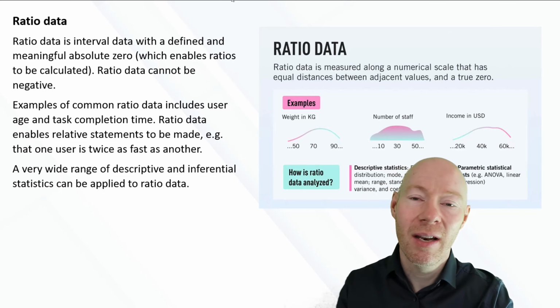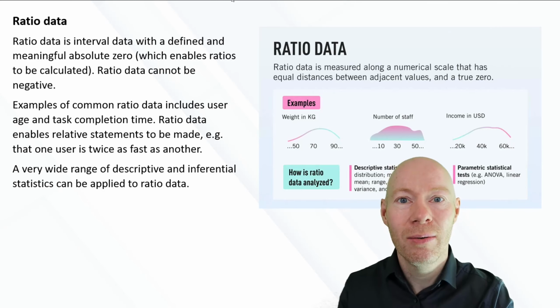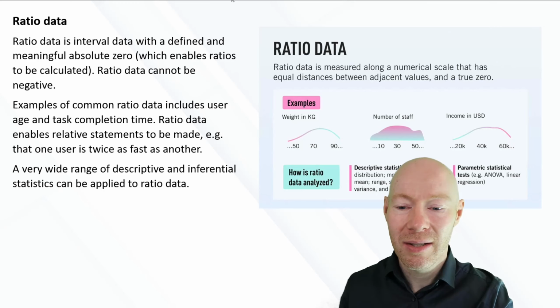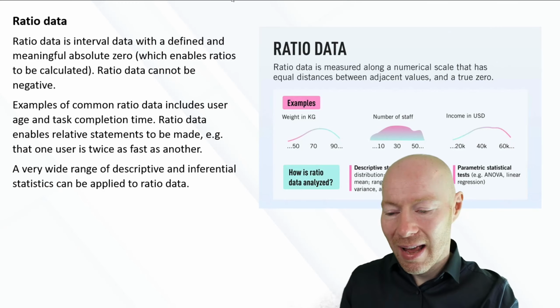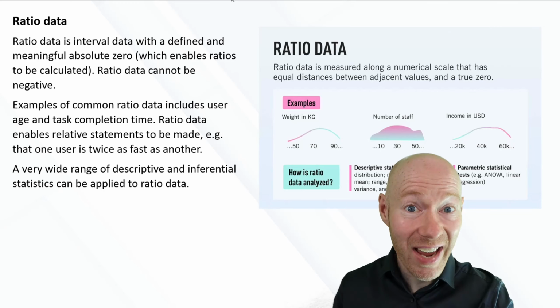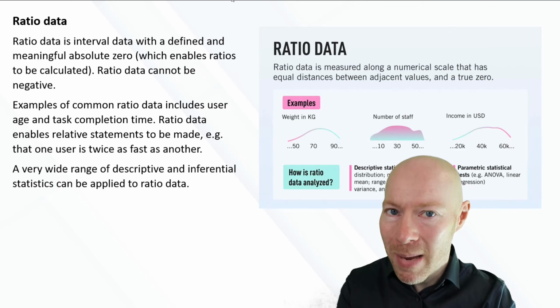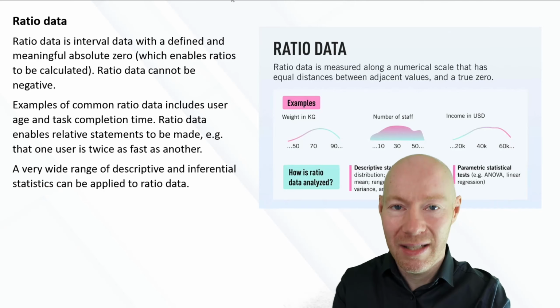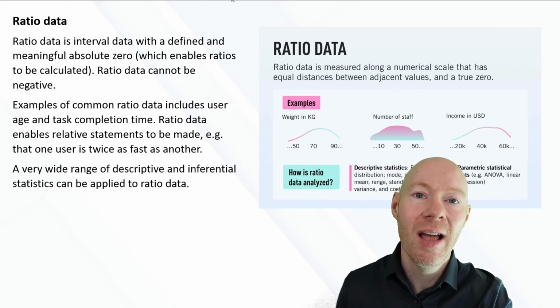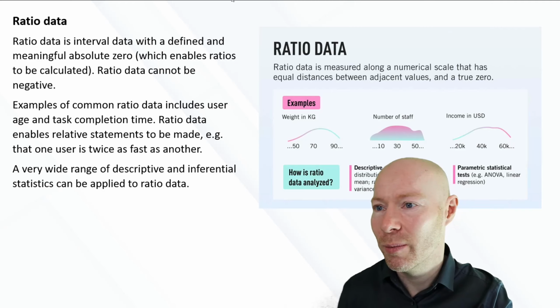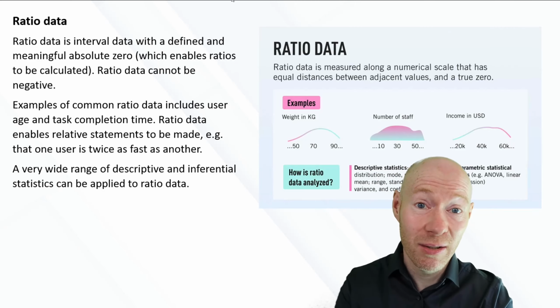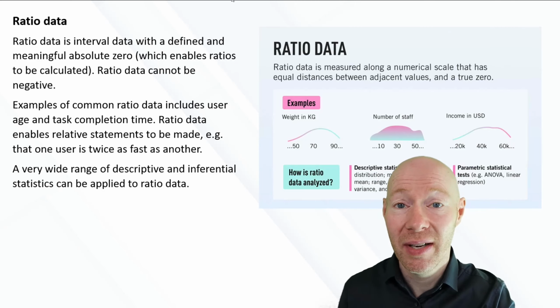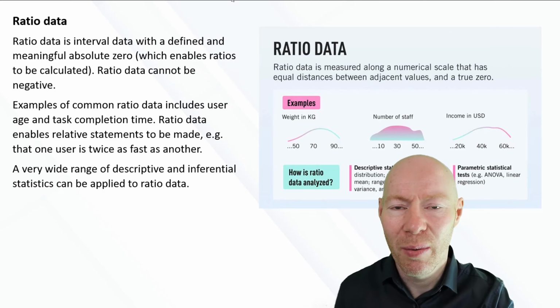So whenever we're thinking about interval or ratio data, it's important to ask, is there a 0 that is definable, and does it make meaningful sense then to say that one thing is twice as good, twice as fast, twice as great in size as another? Is that a meaningful measurement? Ratio data can't be negative under this definition, so it's not the same as a sort of numerical system.